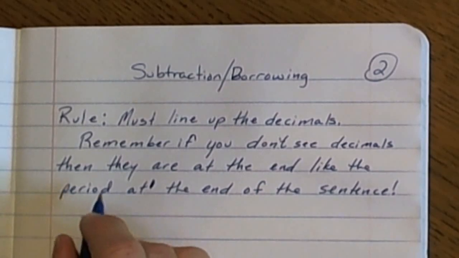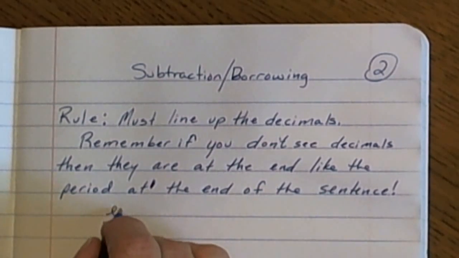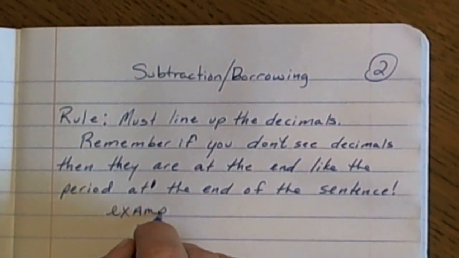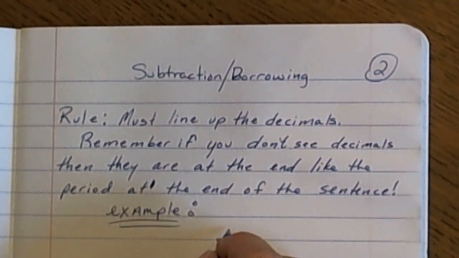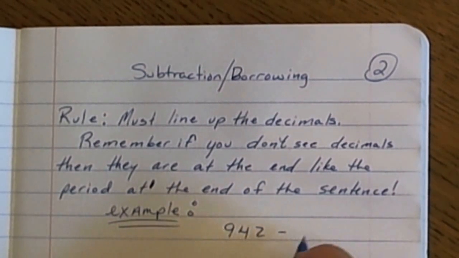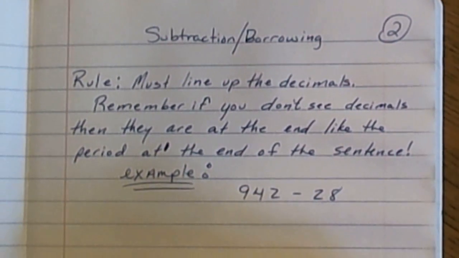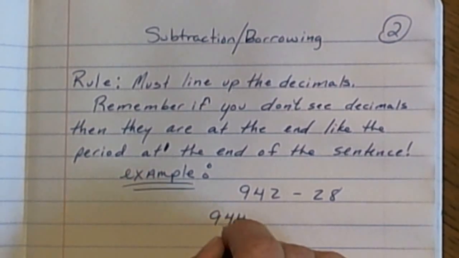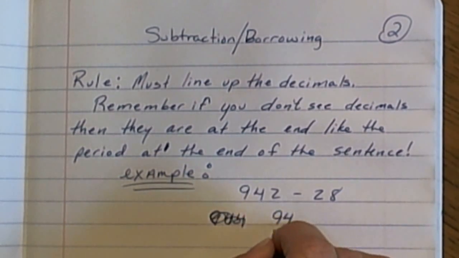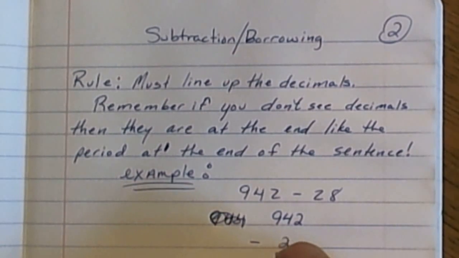So let's do an example. If I have 942 minus 28, I'm going to line that up like 942 minus 28, because the decimals would be right there.